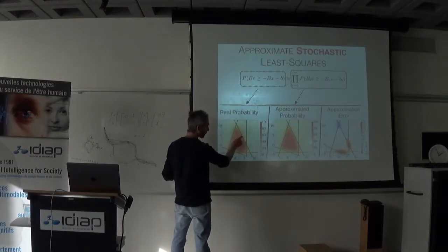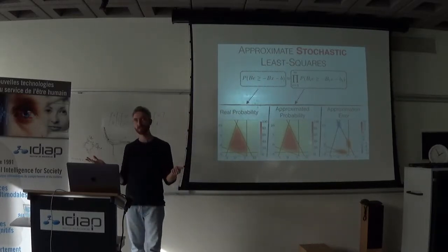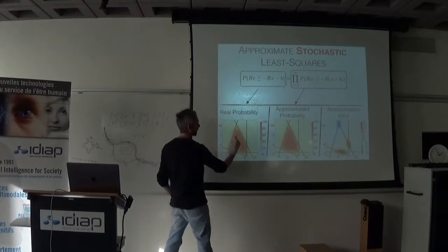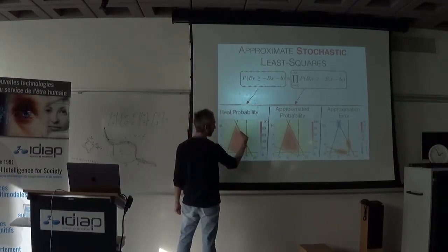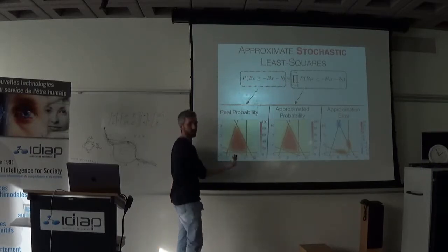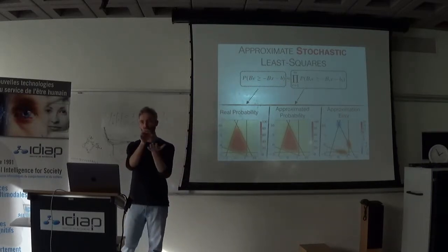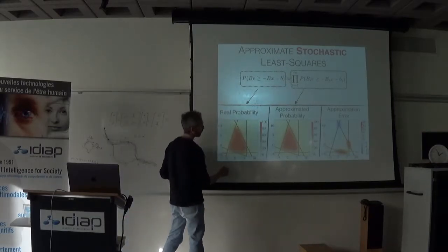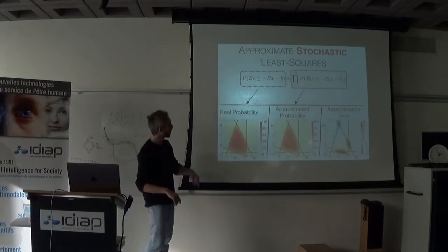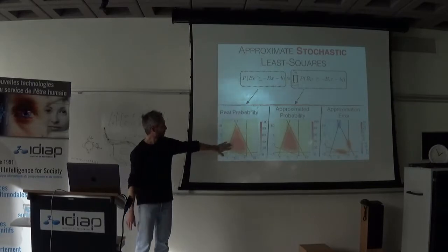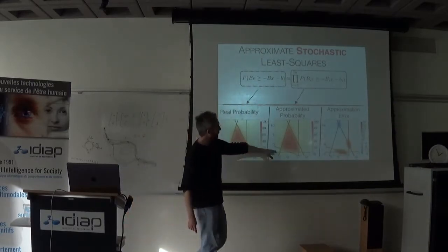When you're exactly on the border, probability is going to be 0.5, because if the uncertainty is on this side, you're going to be out. If it's on this side, you're going to stay in. So when you're on the border, probability is 0.5. And then when you move out, it gets below 0.5, and at a certain point, it's basically 0. So this is the real probability. This is what you get with the approximation.